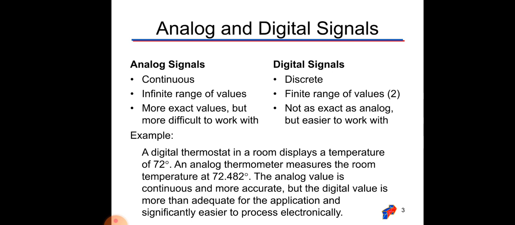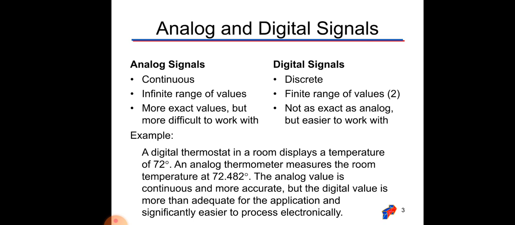But a digital signal is not a continuous waveform. It also varies with time, but not continuously. It is in the form of 0 and 1, that is, logic level high or low. So digital signals are discrete in their properties. The second point is finite range of values.